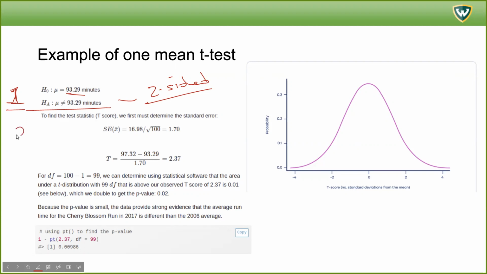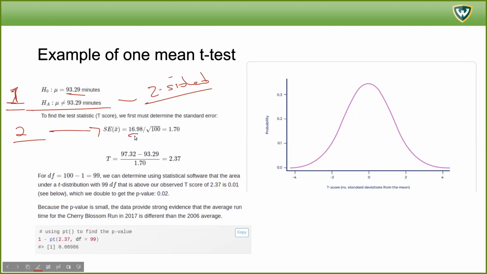So step two, we find the t-score. That translates the value into standard deviations. But before that, we need the standard error, which is the standard deviation divided by the square root of the sample size.